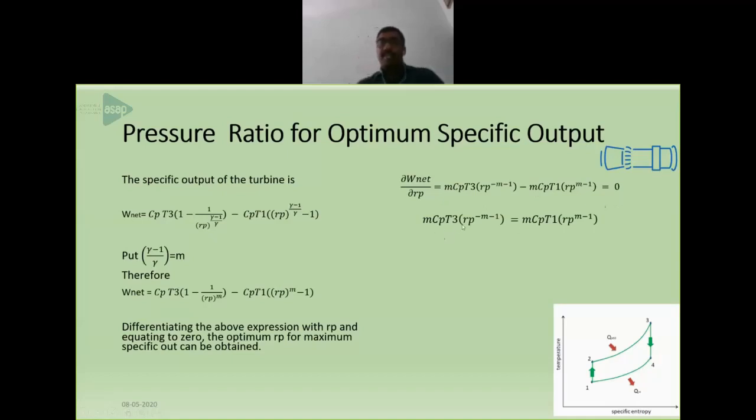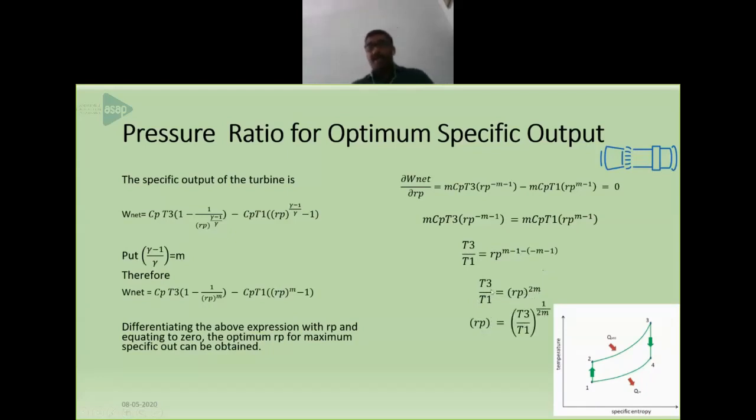So finally you will get m Cp T3 into Rp raised to minus m minus 1, equal to m Cp T1 Rp raised to m minus 1. So here, by a simple mathematical manipulation, T3 by T1 is equal to Rp raised to 2m.